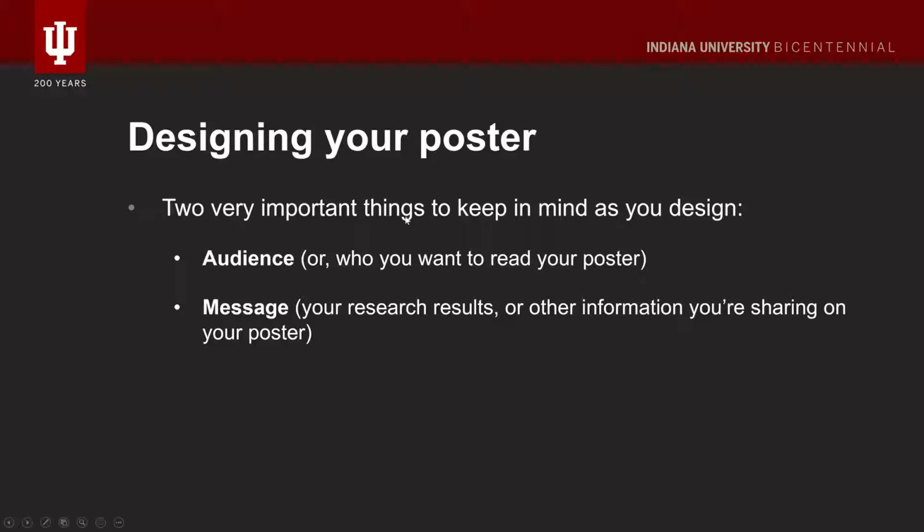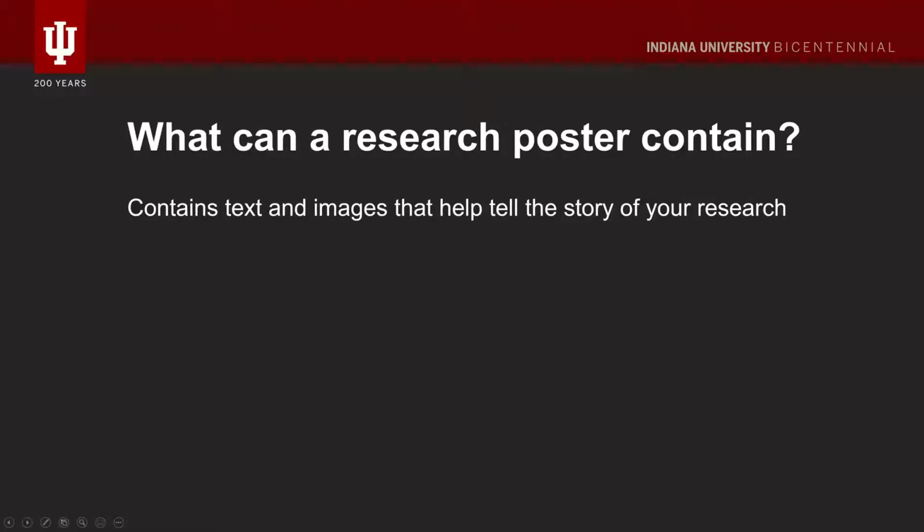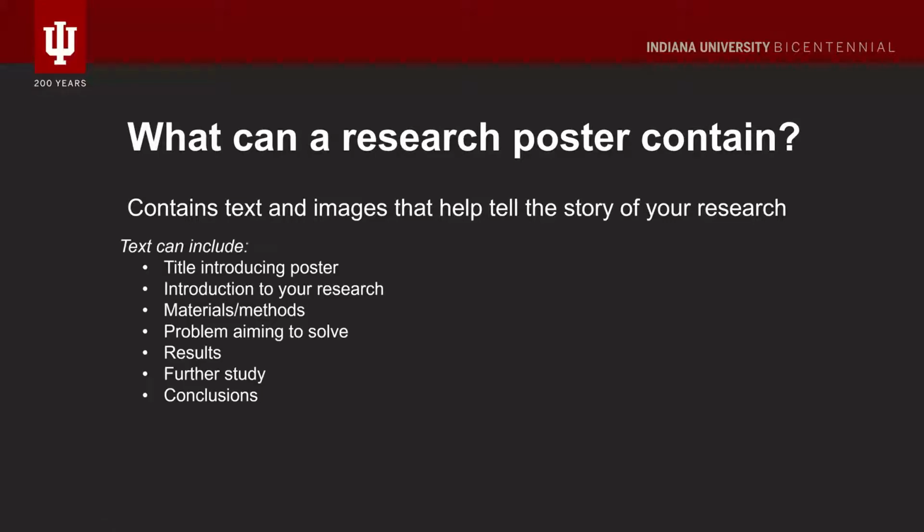Now, what can a presentation poster contain? Well, it contains text and images that help tell the story of your research or the project that you're presenting on. Your text can include a title that introduces your poster, and an introduction to what you're talking about. This list here focuses more on academic research posters, but we may still be talking about a problem we were aiming to solve with a specific project.